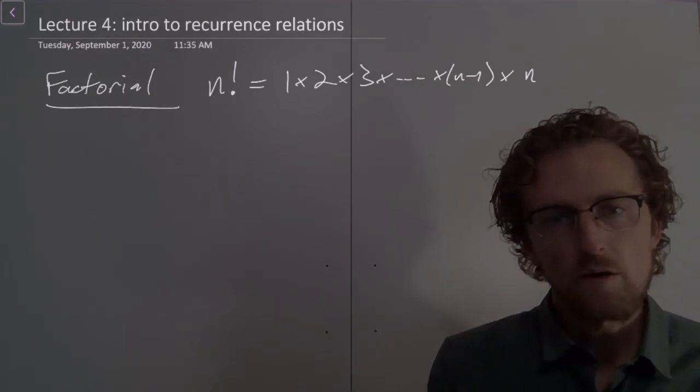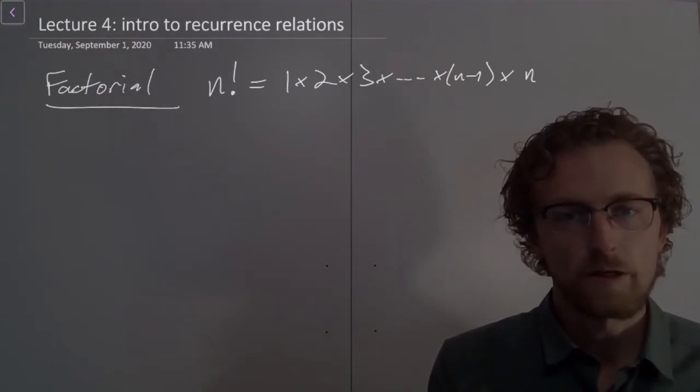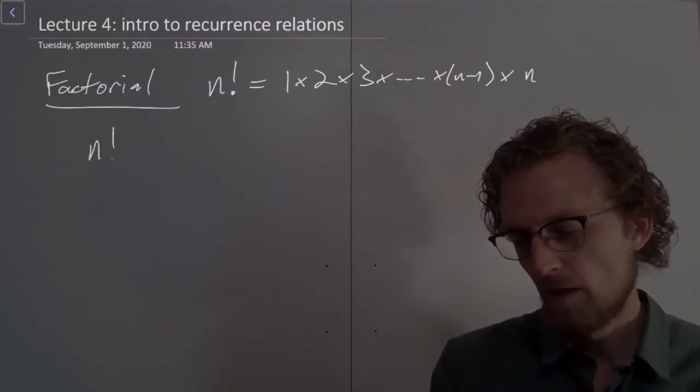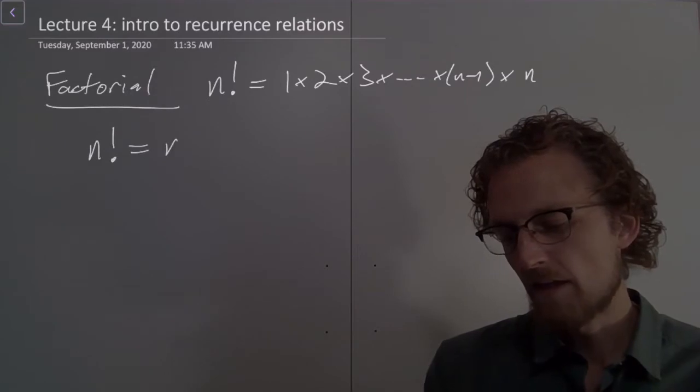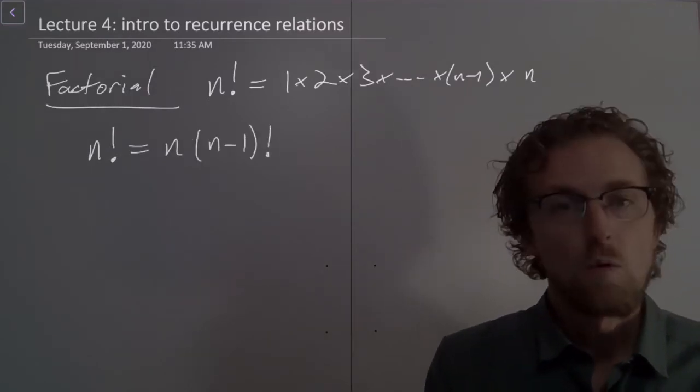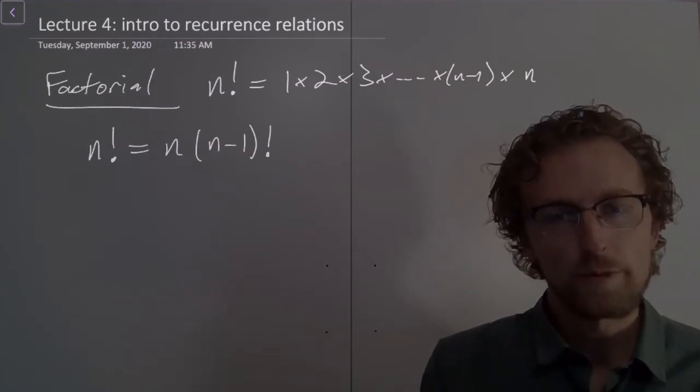So one of the ways of writing n factorial is recursively. So I can write n factorial as n times n minus 1 factorial. Right? Why is that? Well, let's just look at the formula up above.